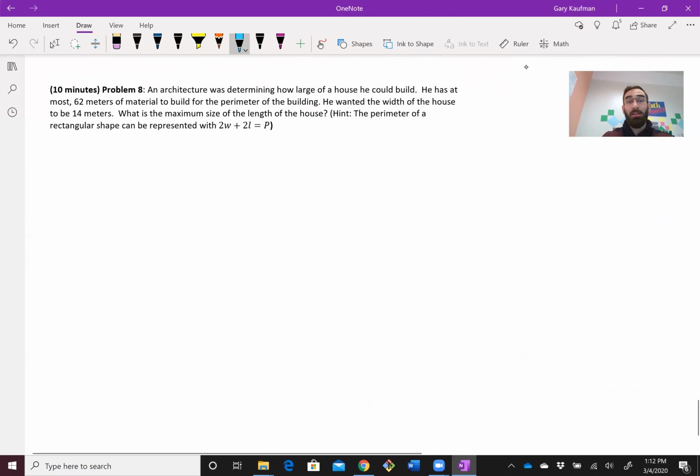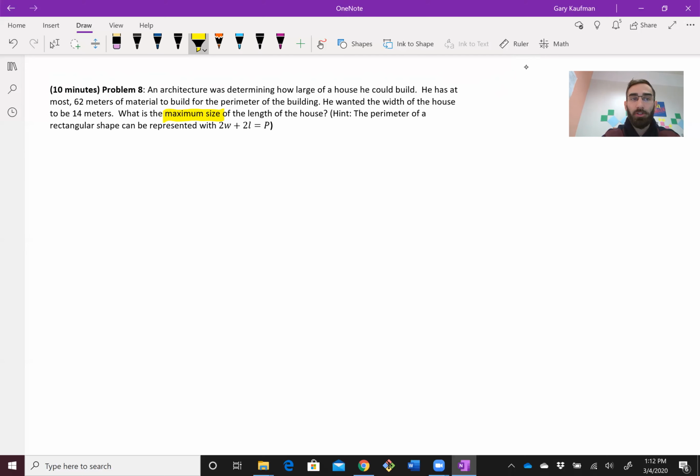Last but not least. I decided to throw a little geometry in there because I want to keep us fresh on that, but I use something that we should be familiar with. Now this is another inequality because we want the maximum size.